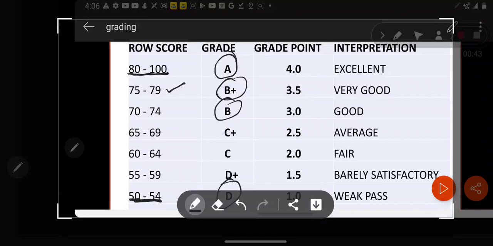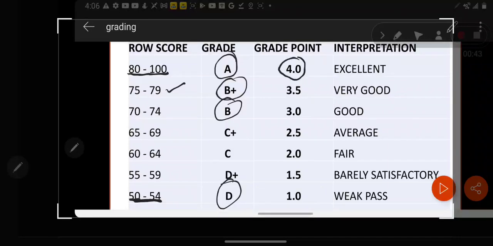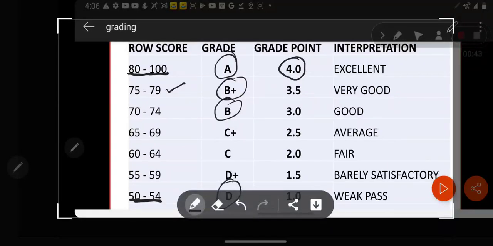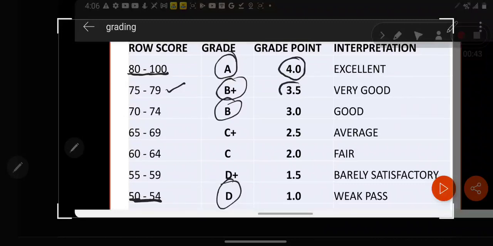Now, understand that each grade you get has a grade point. This understanding will help you when I'm finally teaching you how to calculate your grade point average, which is known as the GPA. When you score A, the grade point is 4, which is the maximum grade point you can get. When you get 75 to 79, the grade point is 3.5.